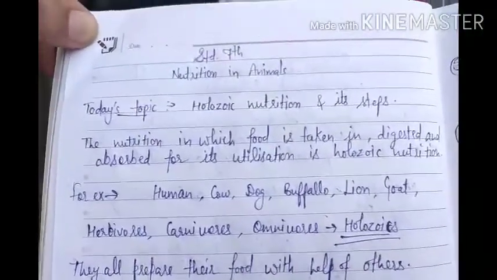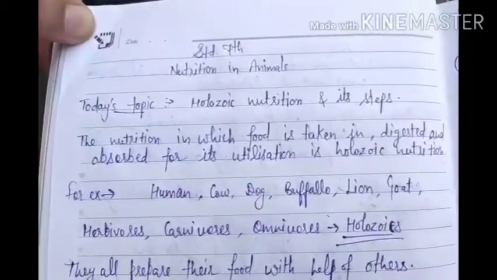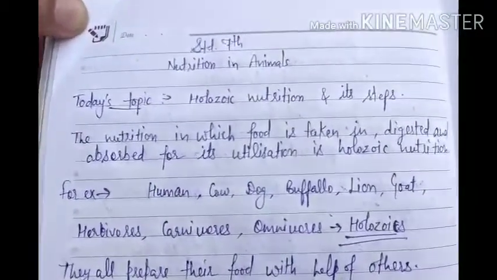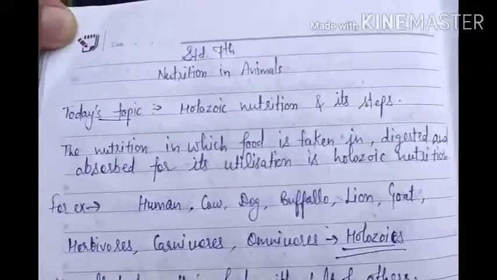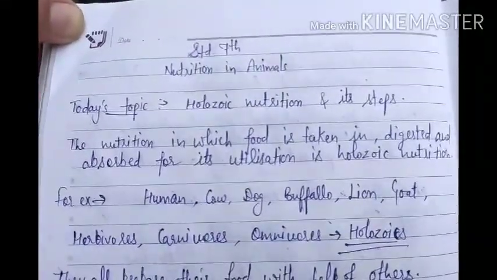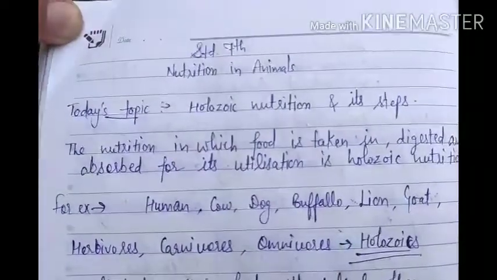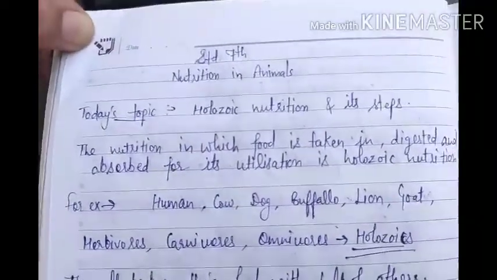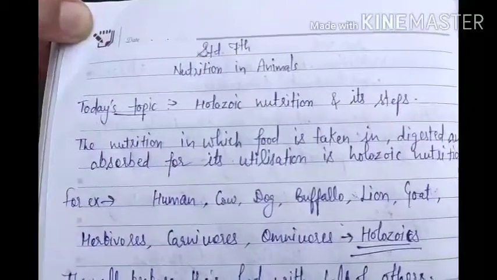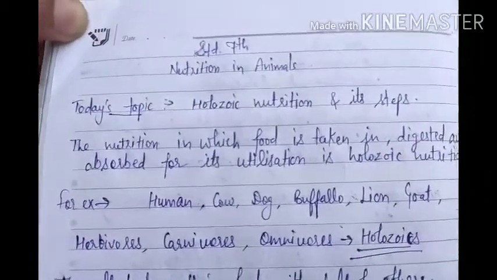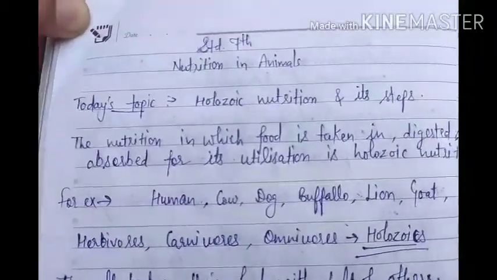As animals are heterotrophic organisms, they prepare their food with the help of plants and other animals. They cannot prepare their food on their own. So they are heterotrophic organisms, or we can say heterotrophs.